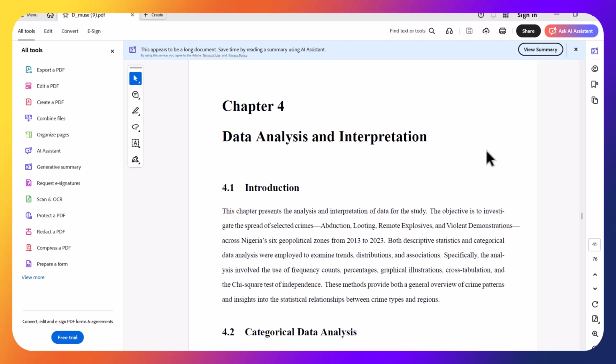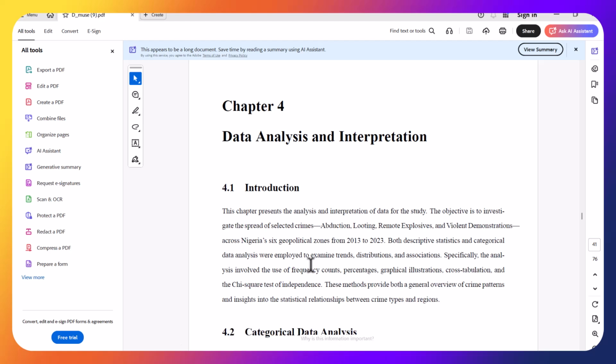And you see the next one is talking about the objective, which is to investigate the spread of the selected crimes. You can see that these selected crimes have been listed in chapter 1 in the background of the study, and this covers 10 years. Then the next thing he talked about is the stages of his analysis. Both descriptive statistics and categorical data analysis were conducted, and I've already briefly explained why he used categorical data analysis.